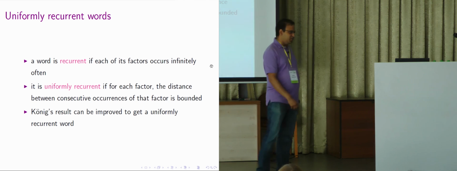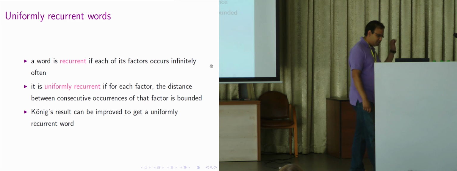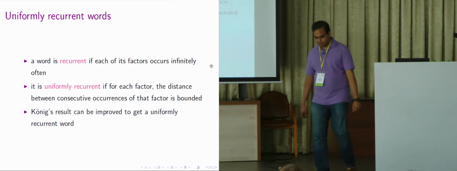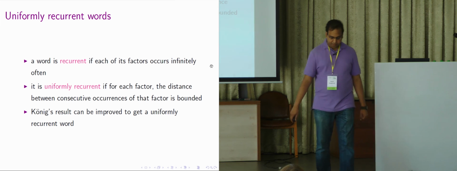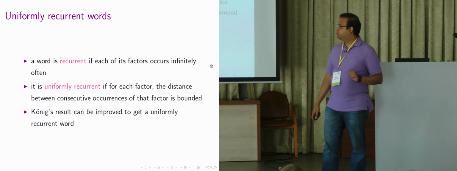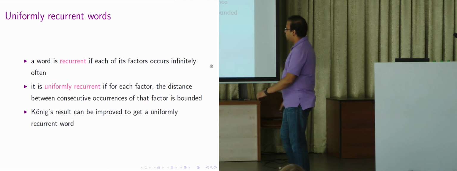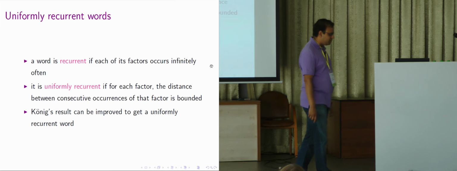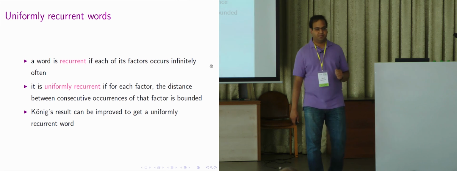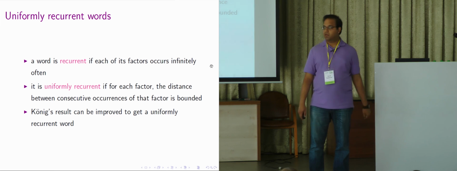Let's make the observation that that result can be strengthened a little bit. For various reasons, certain people working in symbolic dynamics or other areas would very much like to have recurrent words for what they're doing.